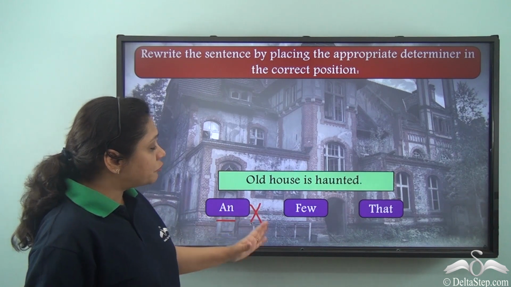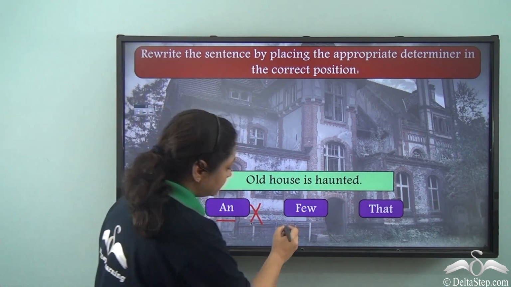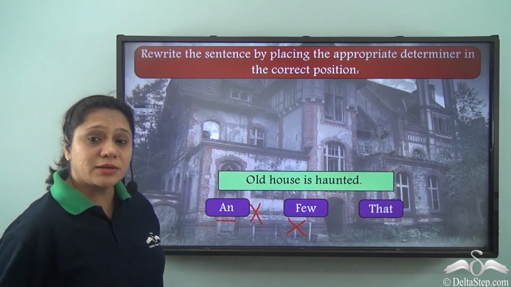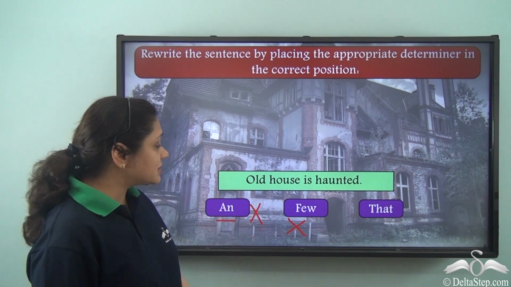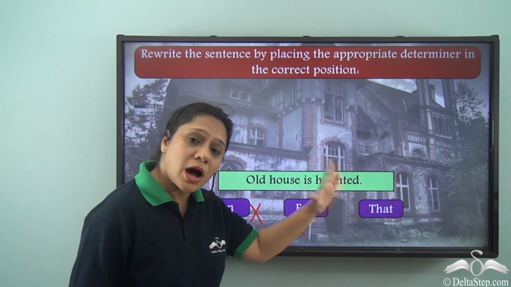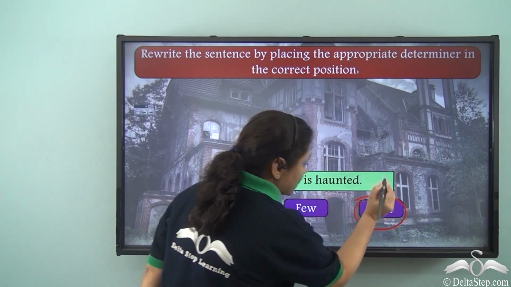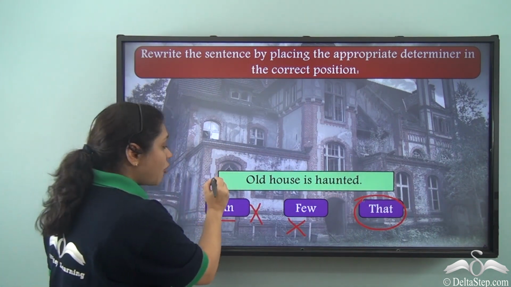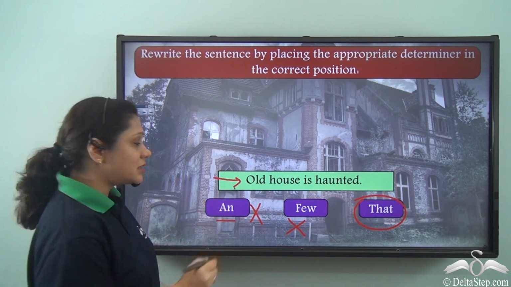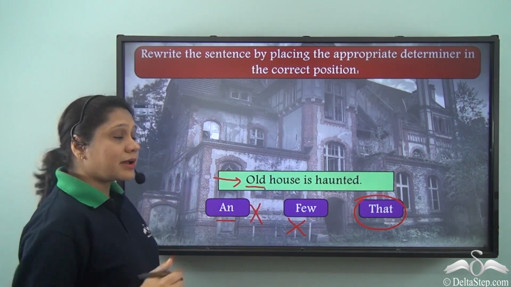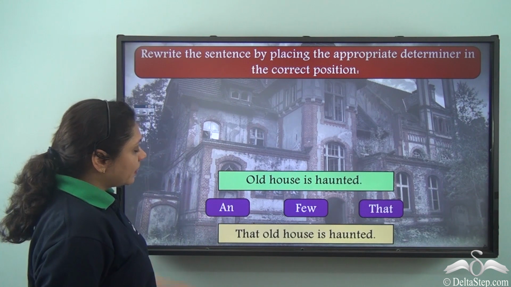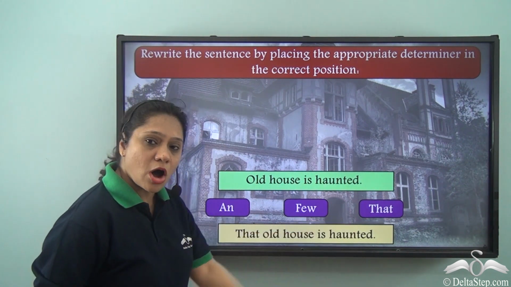Can we say few old houses haunted? No. This is also not correct. So our correct answer will be that old house is haunted, and we know that determiners have to be placed before the adjective. The adjective here is old. So our correct sentence will be that old house is haunted.